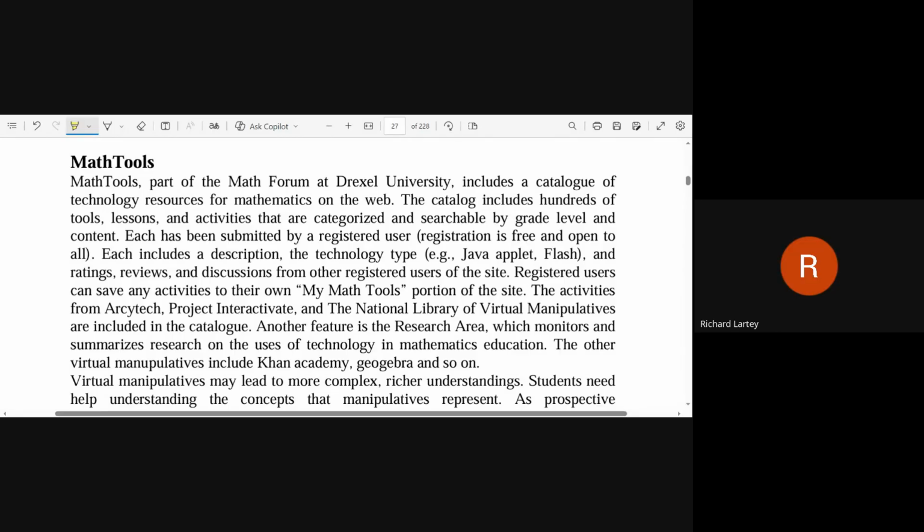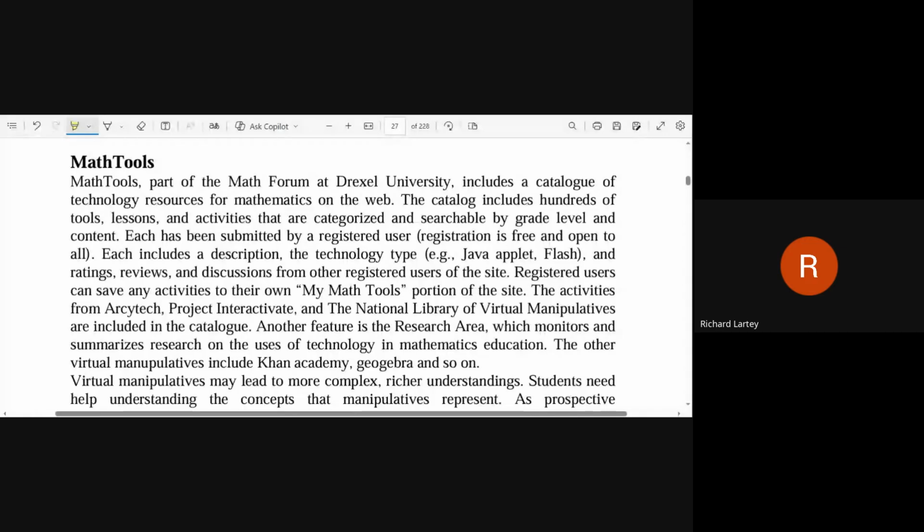Each includes a description, the technology type, be it Java, Applet, or Flash, and ratings, reviews, and discussions from other registered users of the site. Registered users can save any activity to their own My Math Tools portion of the site. The activities from Architect, Project Interactivate, and the National Library of Virtual Manipulatives are included in the catalog. Another feature is the research area, which monitors and summarizes research on the use of technology in mathematics education.